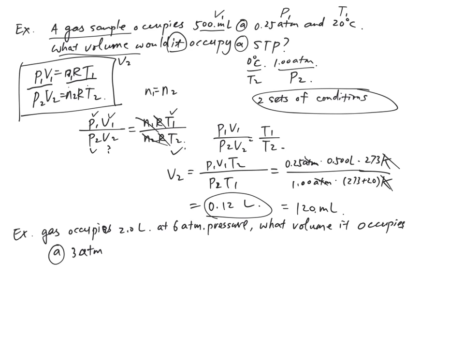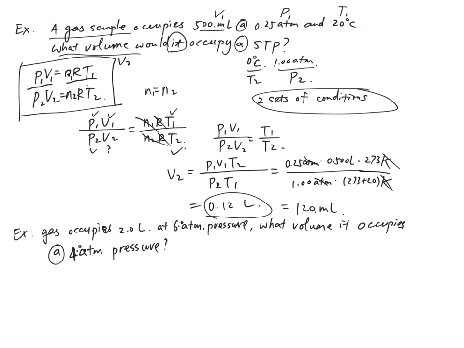All right, let's say 4 atmosphere pressure. Let's make it 2 sig figs. I don't like 1 sig fig numbers. 6.0 and 4.0 pressure.